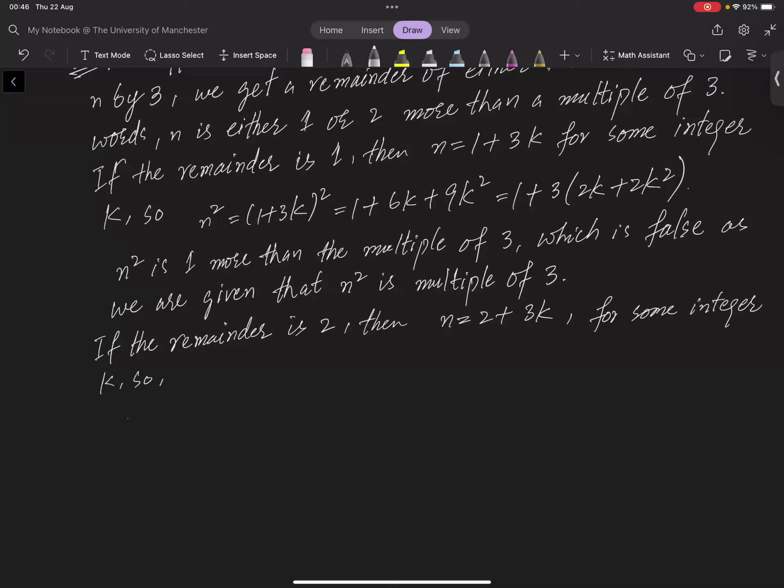So n square is 2 plus 3k square, which is 4 plus 12k plus 9k square, which is 1 plus 3 into 1 plus 4k plus 3k square.